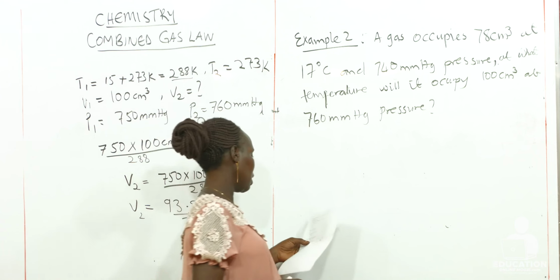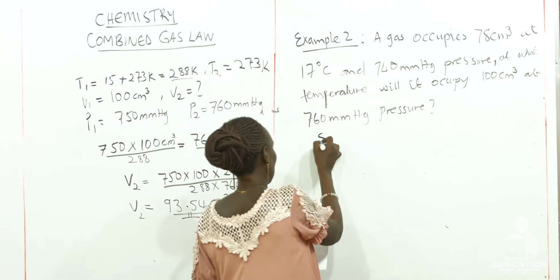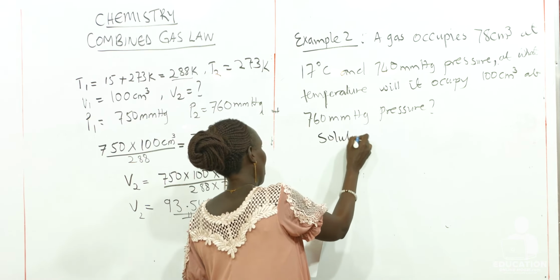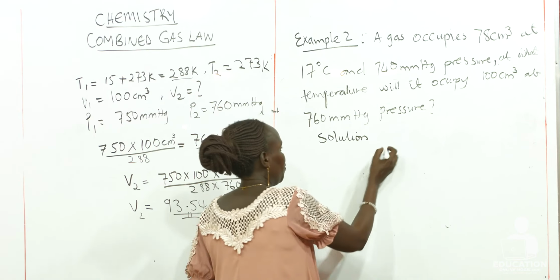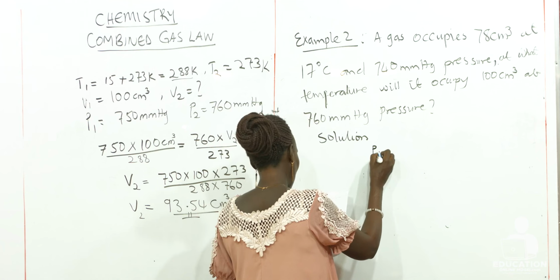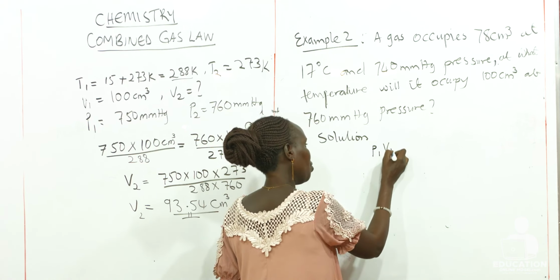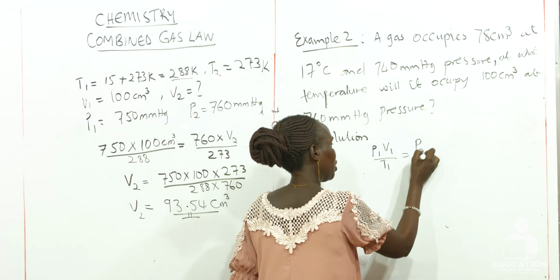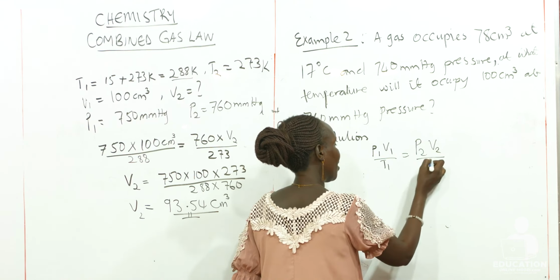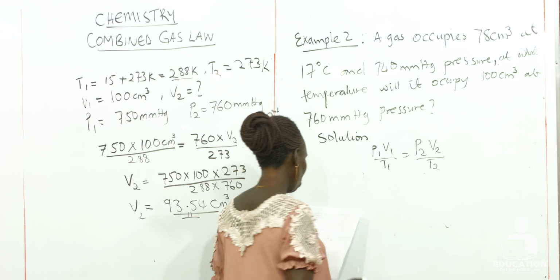So we shall say that the solution is, we need to remember that the formula is pressure 1 volume 1 over temperature 1 is equal to pressure 2 volume 2 over temperature 2.